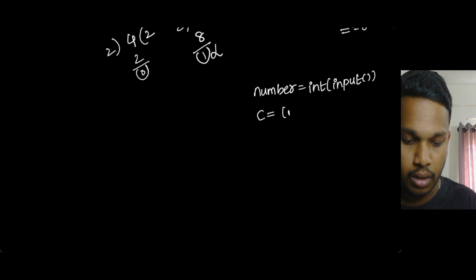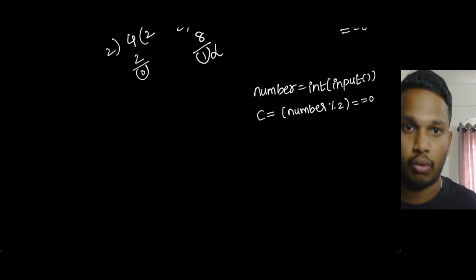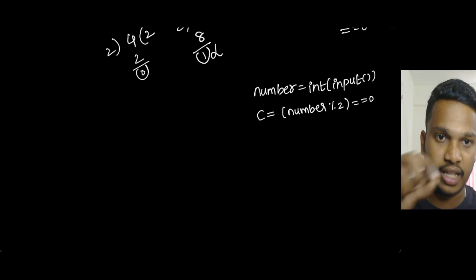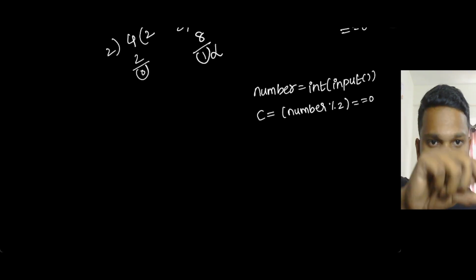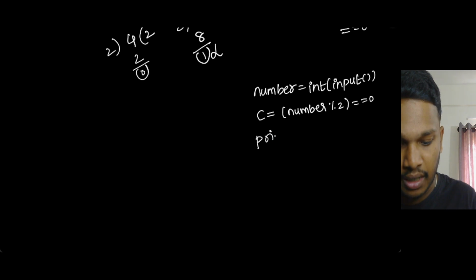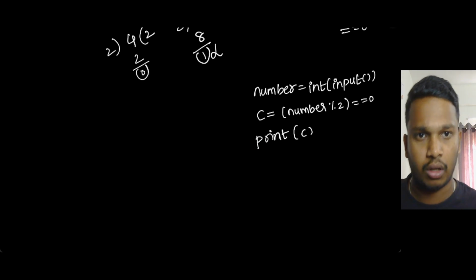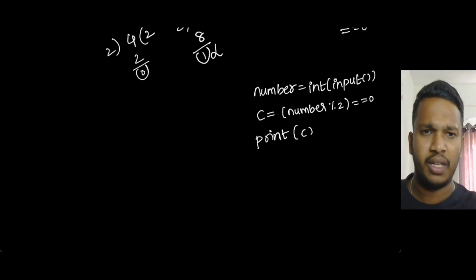C is equal to number mod 2 equal to 0. We check whether, when you divide by 2, the remainder is 0 or not. Then print C. If it is 0, it will print true. If it is not 0, it will print false. That's all. The program is very simple.